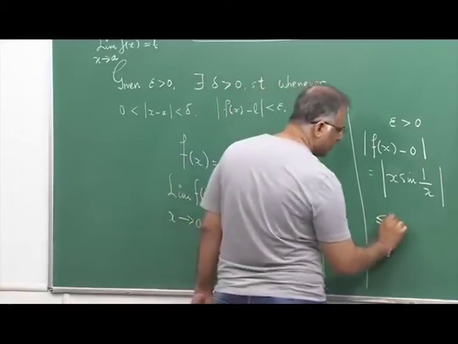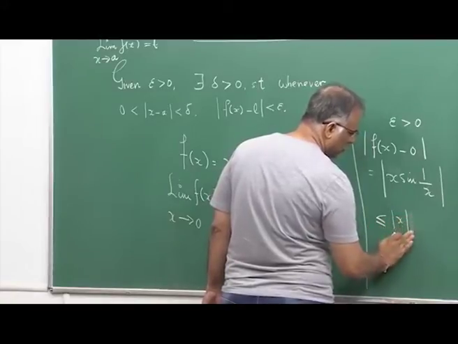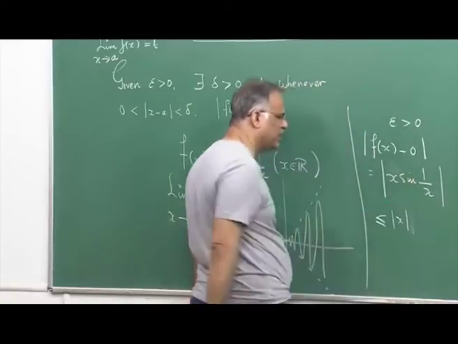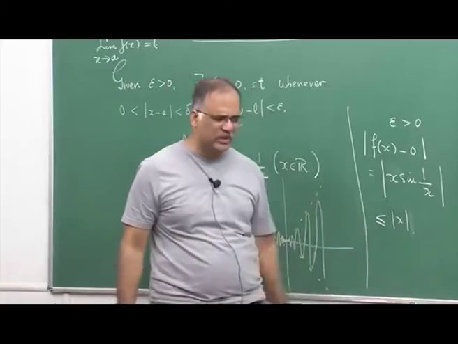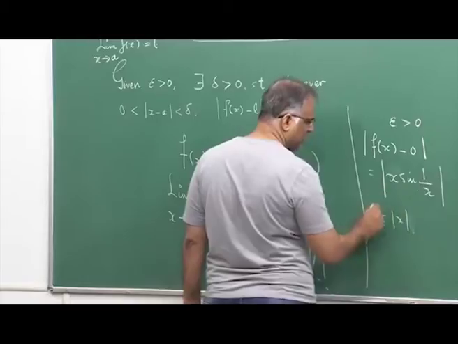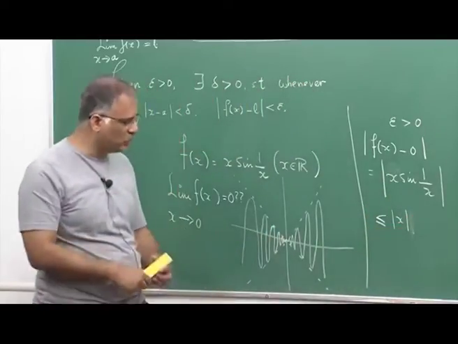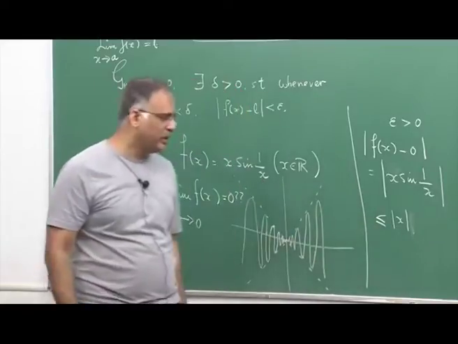So, I can write this as |x| into |sin(1/x)|, and |sin(1/x)| is less than or equal to 1. So, this is less than |x|. So, we will straight away get into this inequality.